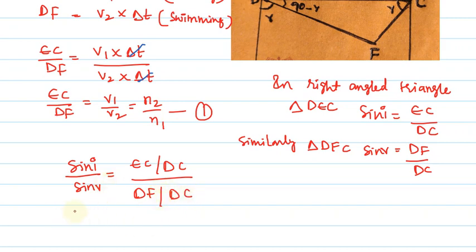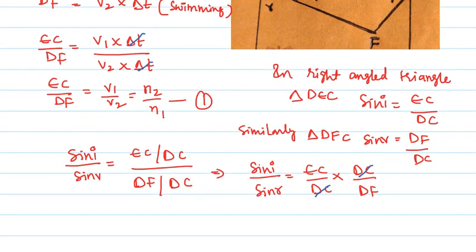So in the next step, this implies sine I upon sine R is equal to EC by DC into DC by DF. So we can cancel DC and DC, and we can write sine I by sine R is equal to EC by DF. Let us represent this as expression 2.